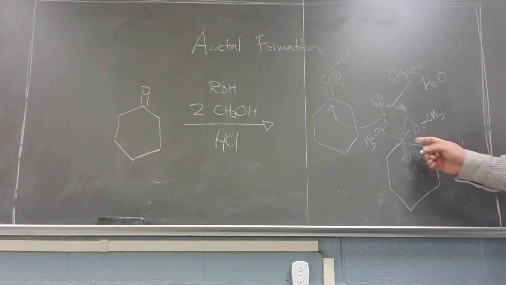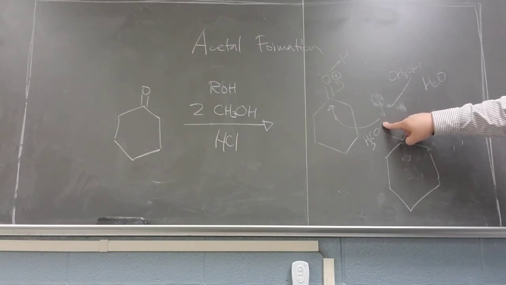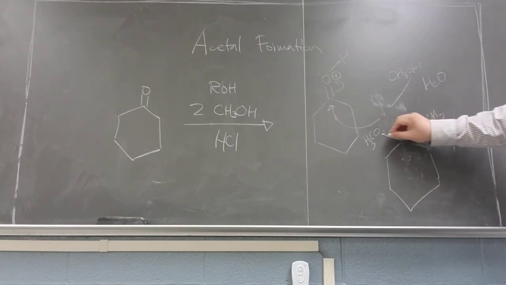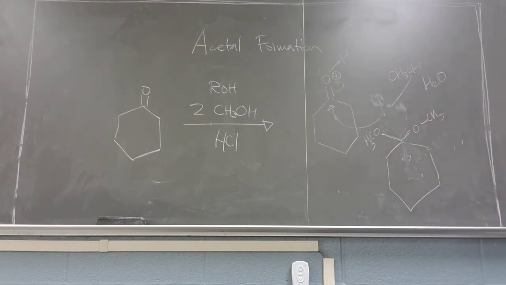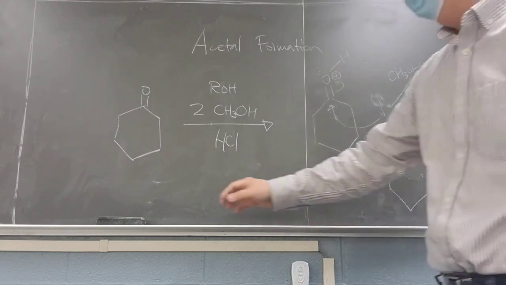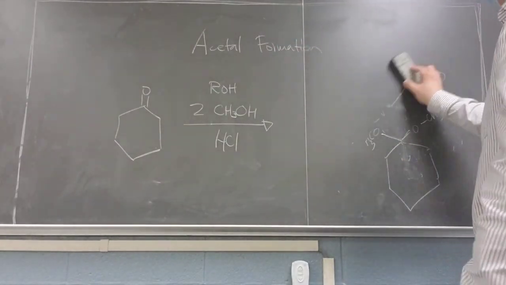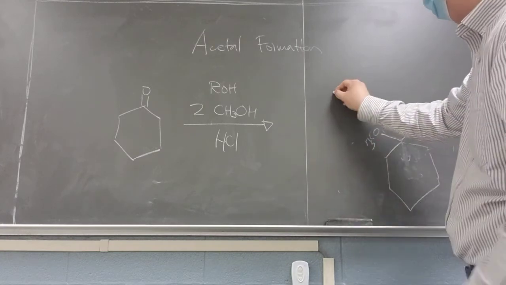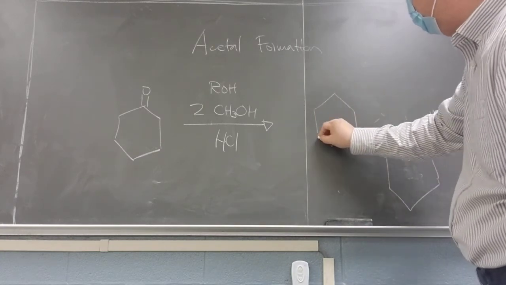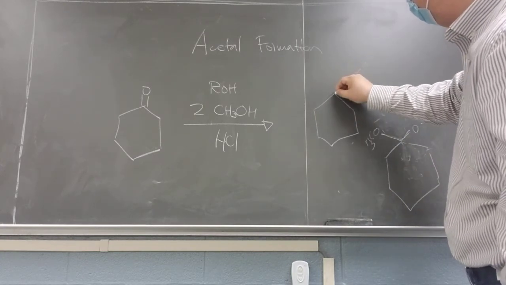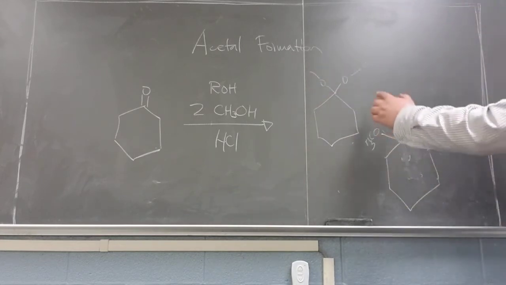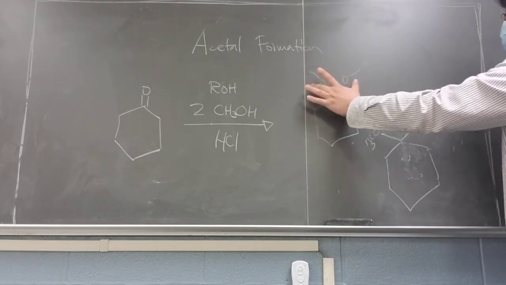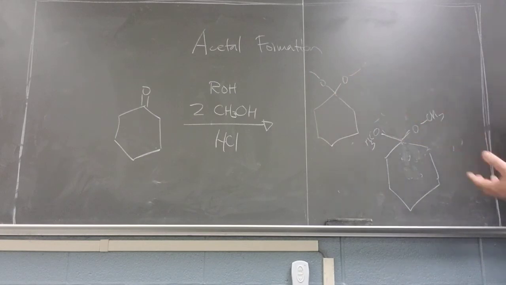That's how they lose the hydrogen here, but attach it in this way. So if you redraw this one, it will be what? This one. You have these two ether groups on the same carbon, we call it an acetal compound.